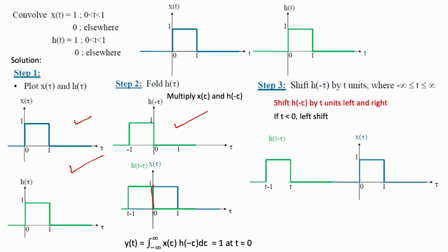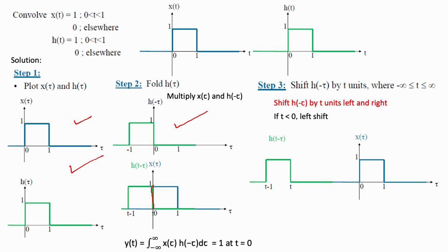Now, we come to step 3. Shift h of minus tau by t units, either right shift or left shift. Left shift means t is a negative value, right shift means t is a positive value. First we have to do the left shift. Look at the waveform.